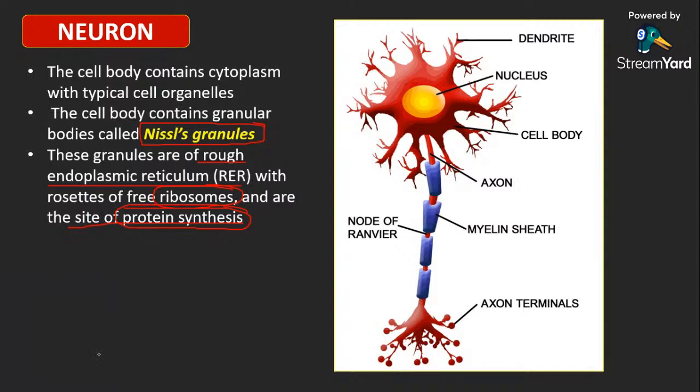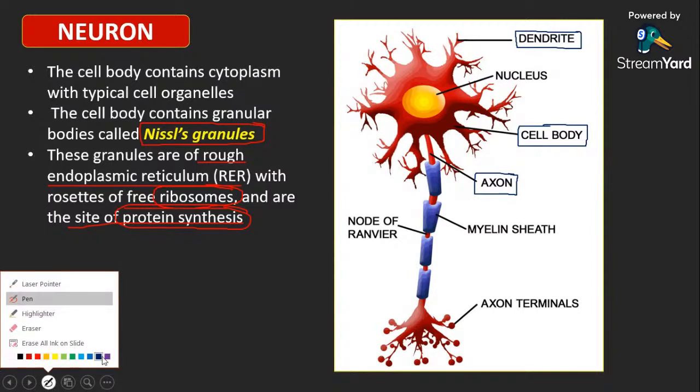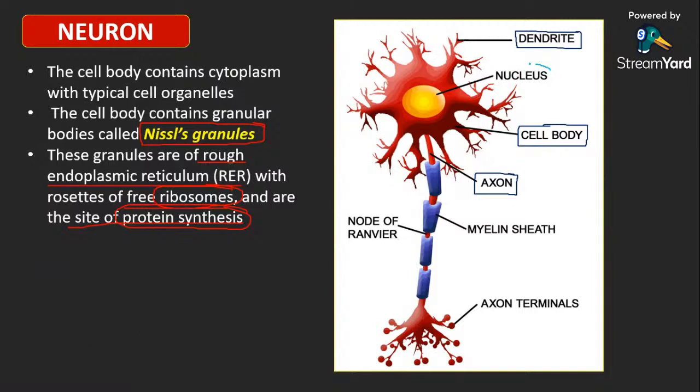So guys, the main three parts are the cell body or cyton or perikaryon. The small fiber projections arising from the cell body are the dendrites. One of the dendrites is very long, that will extend downward to form the axon. In the cell body or cyton of the neuron, you will find a central large nucleus.